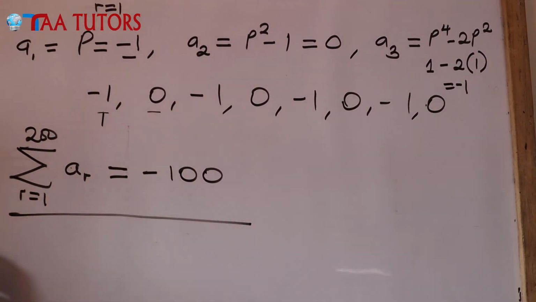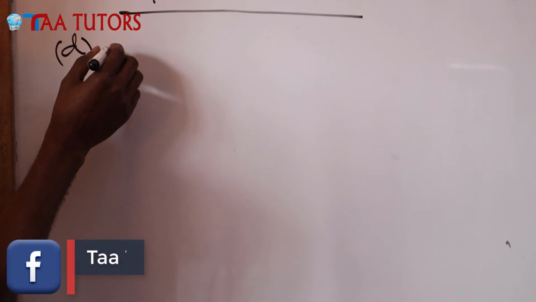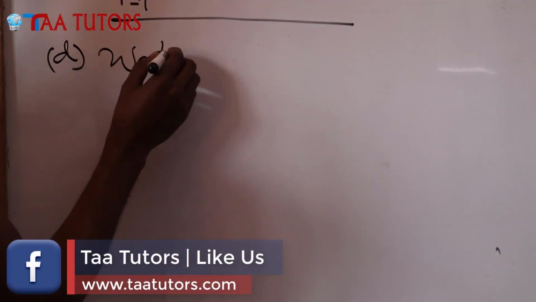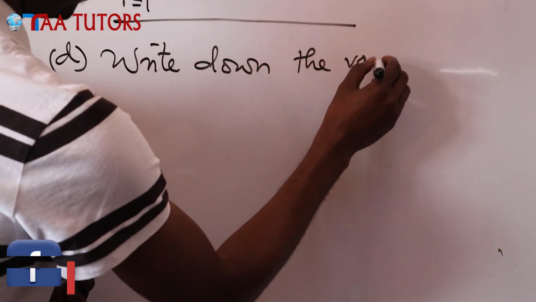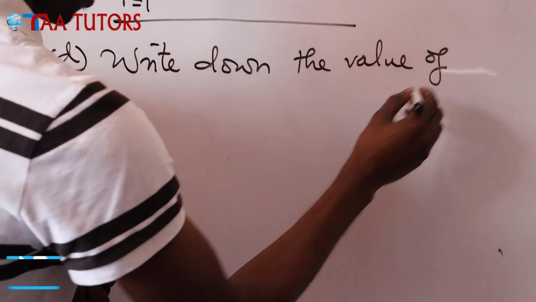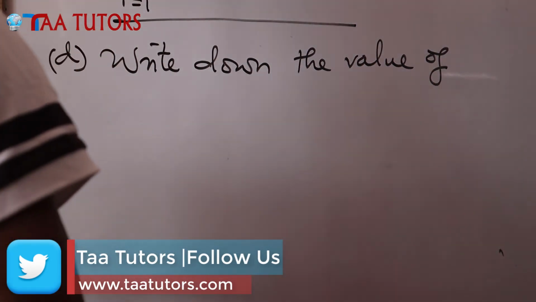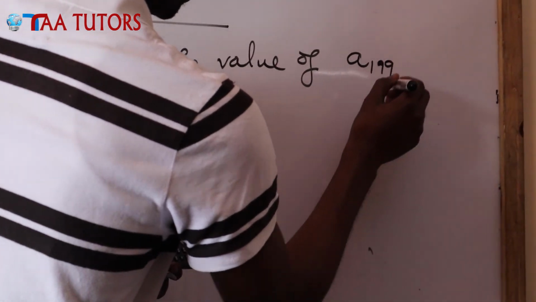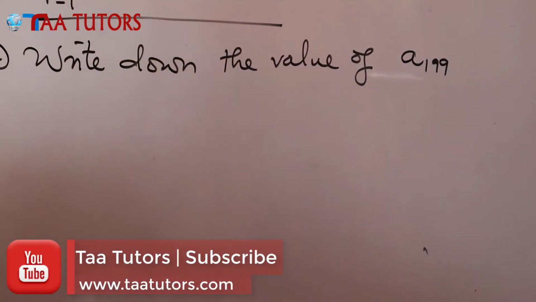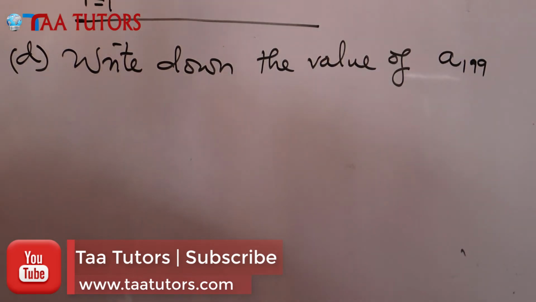What about part D? The question is asking us to write down the value of A199.